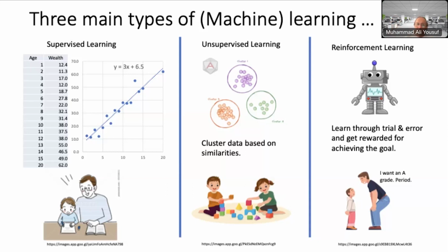Well, if you do this, the problem is, what if the child starts cheating or copying things? Because the only thing you are insisting on is the final grade. The final grade should be A. I don't care how you get it. If you want to cheat, go cheat. I'm not even checking you. So reinforcement learning is a very complicated branch of learning. It is generally not used in data science.